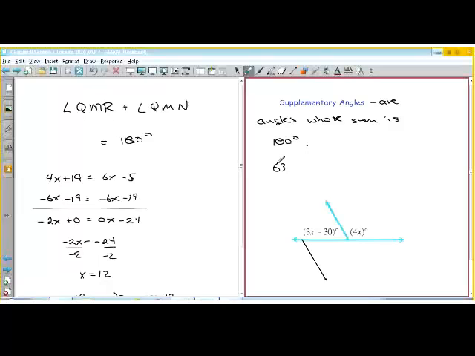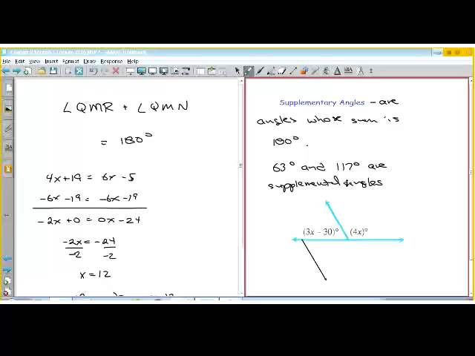So I could say 63 degrees and 117 degrees are supplemental angles, because if you add those numbers together, you get 180.